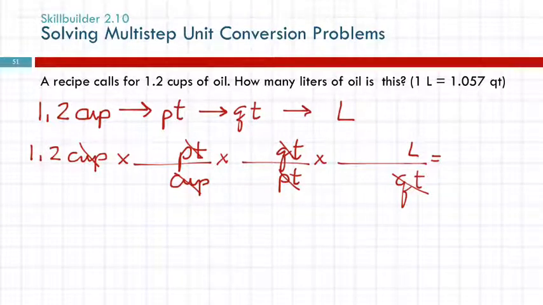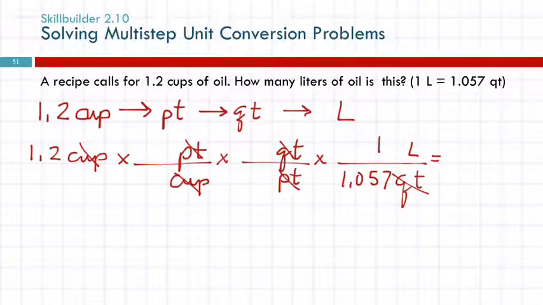Now I put numbers in. Well, this is the one that was actually given. It's written out there, so that one's easy. So the 1 goes with liter, so it's 1 liter. And then in the denominator is the quarts, 1.057 quarts. You don't necessarily have to write down these conversion factors.